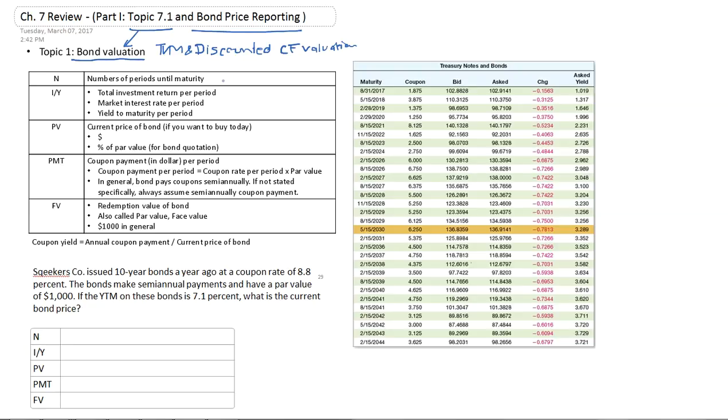Okay, so N is going to be the number of periods. And when it says period, again, it's not necessarily the year.